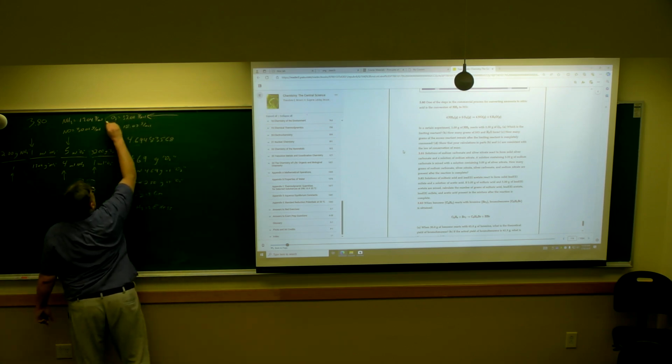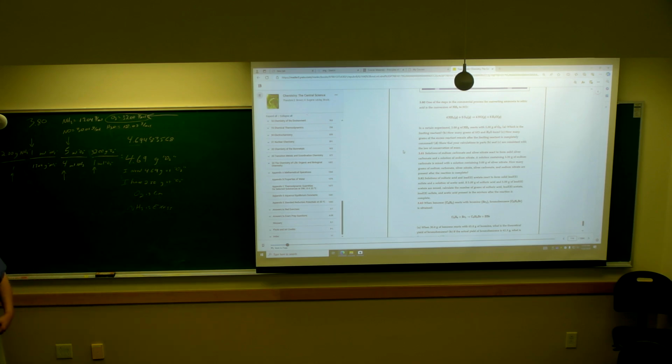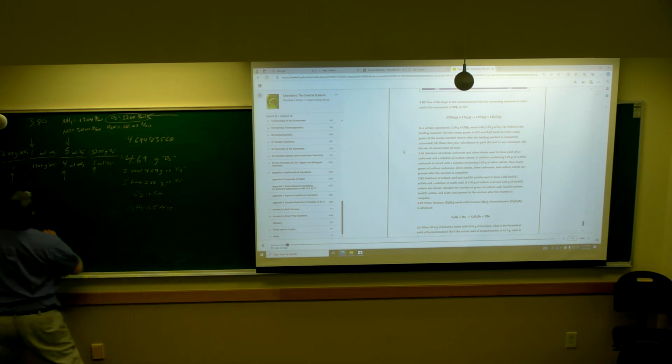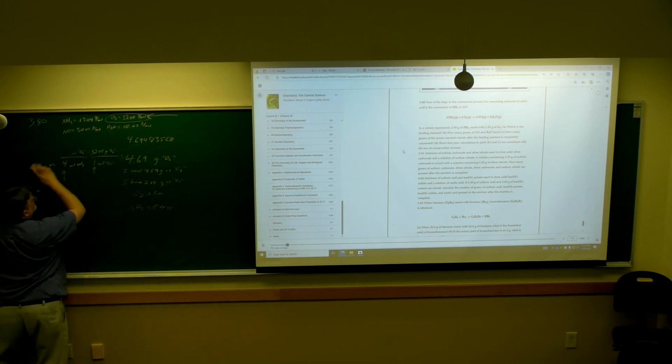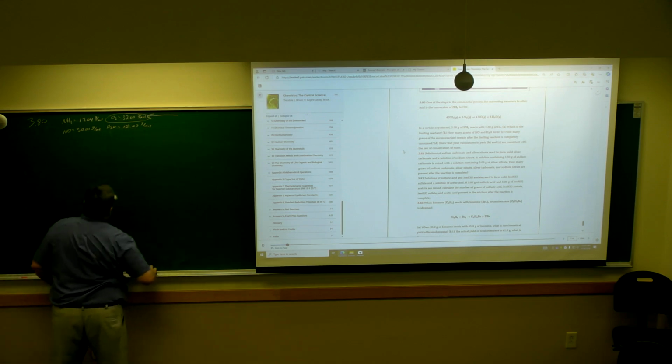Anyway, O2 is limiting, so now we can move on and predict the products by using O2 as our guide. Do away with this. This was all about finding limiting versus excess.